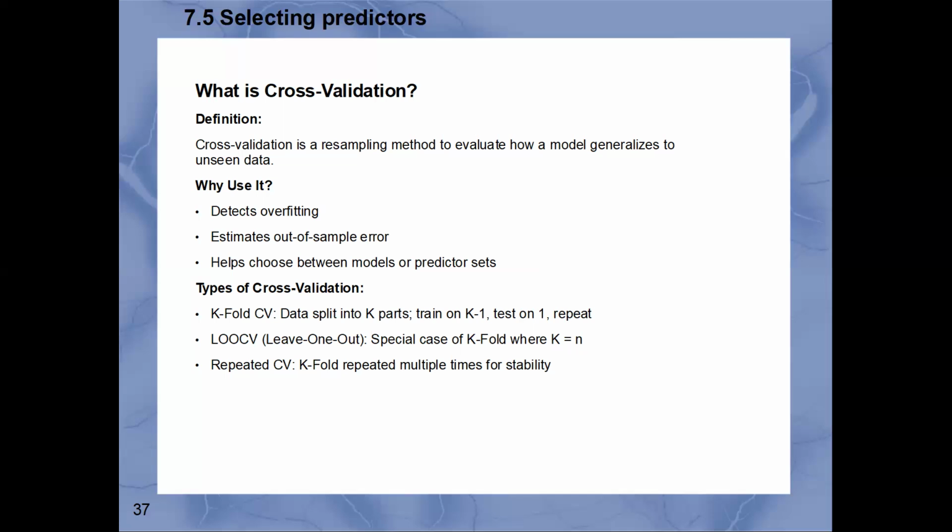And what you do is you leave one out, and then you use your model to predict that one. So you use all the other data as training information, and then you use it to predict the one that's missing. And there's also repeated CV, or cross-validation. And this is k-fold repeated multiple times to check for stability.